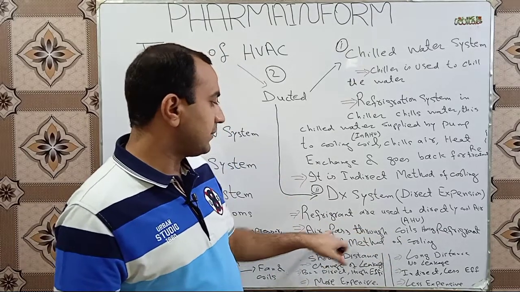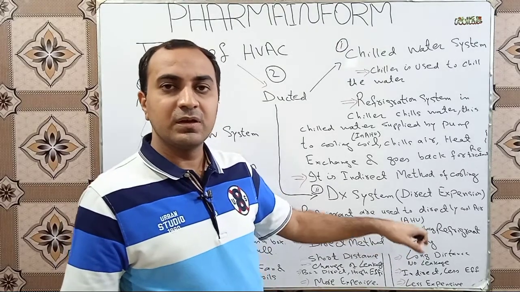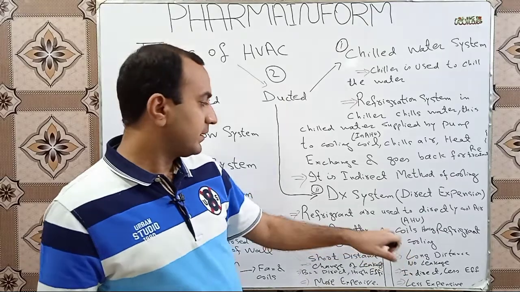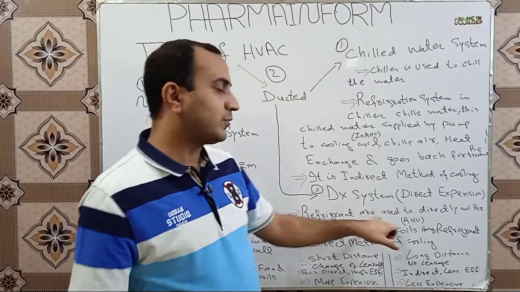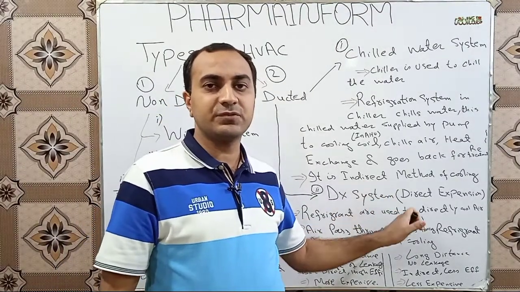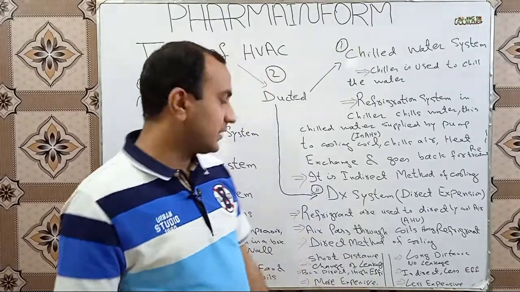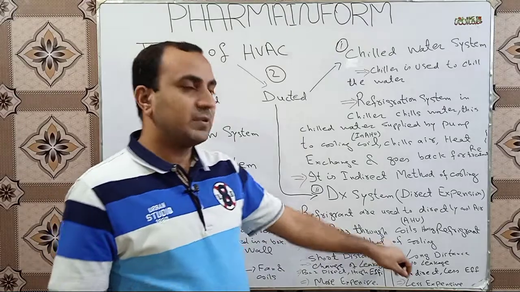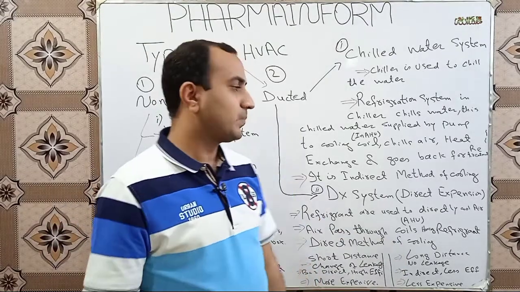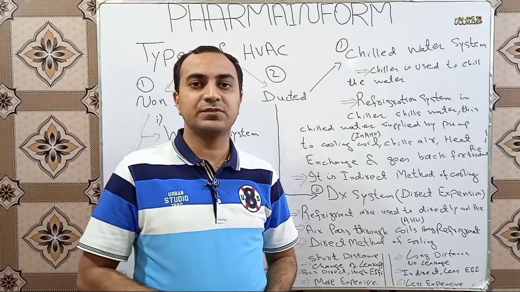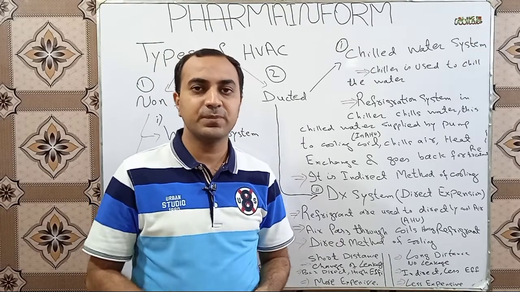So when air passes through this coil, these refrigerants directly make our air cool. That is why this type of system is known as DX system or direct expansion system. It is also known as the direct method of cooling. So I hope you are now clear with the ducted system or types of ducted system.